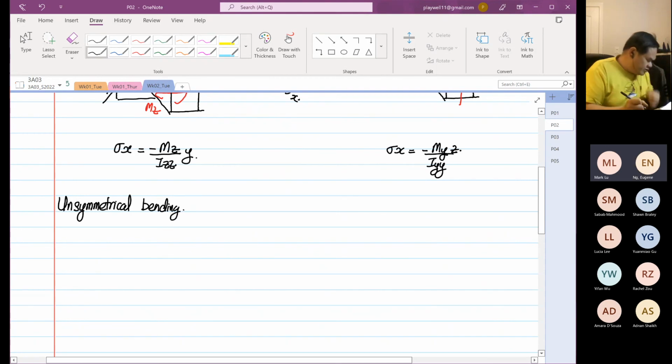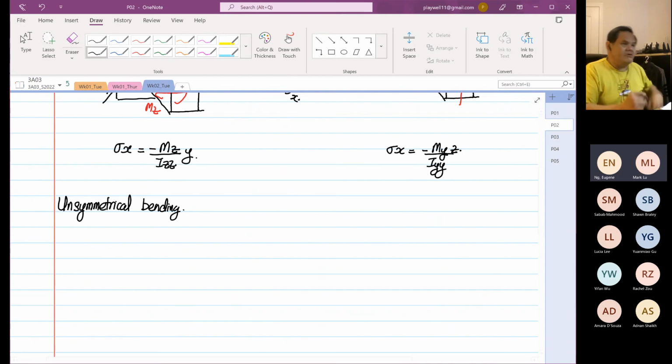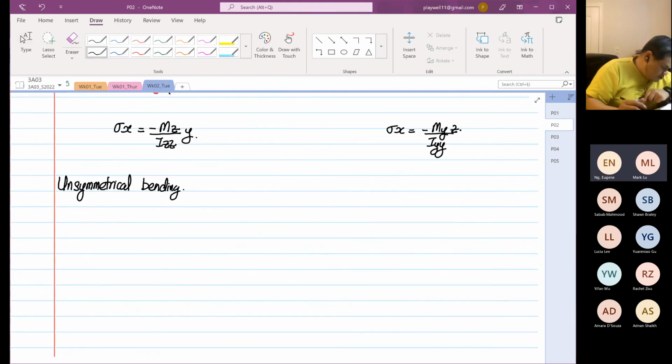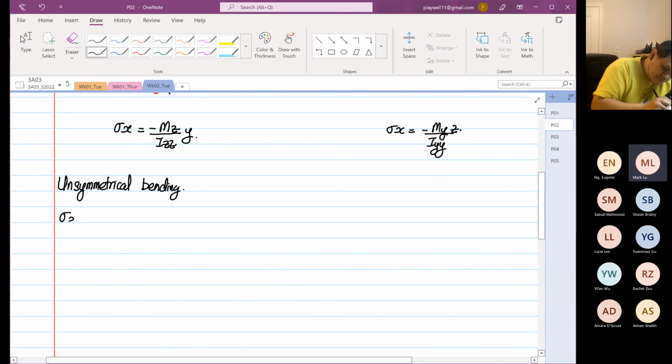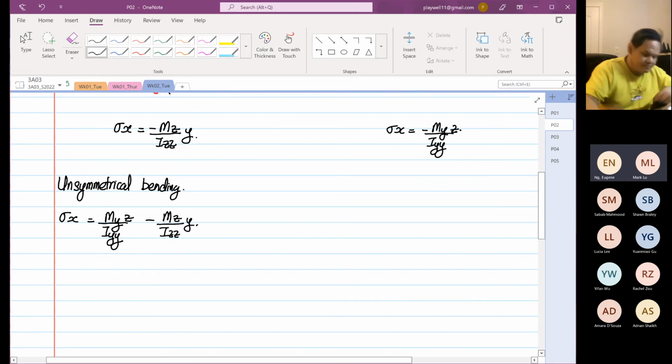Let's look at a situation where we have unsymmetrical bending. I'll write out the formula first. Now we have stress X is equal to My over Iyy multiplied by z, and over here you have minus Mz over Izz multiplied by y.